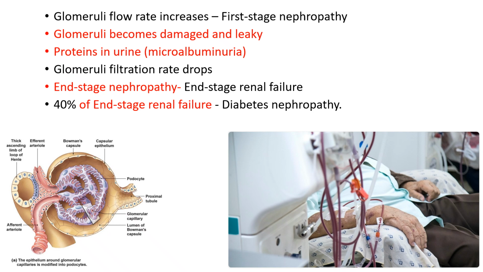You're going to have more urination. Then eventually, the glomerular filtration rate is going to drop. And then now you're in end stage renal failure. Did you know that 40% of end stage renal failure is directly linked to diabetic nephropathy?